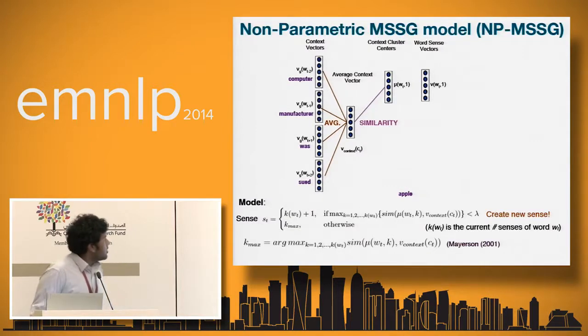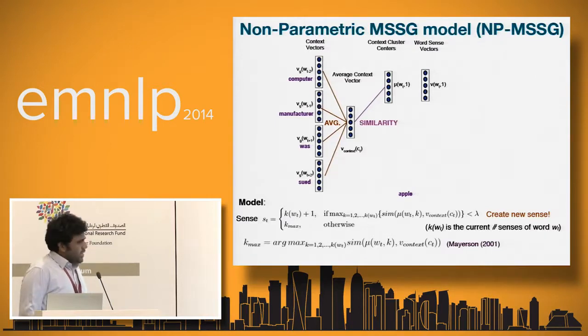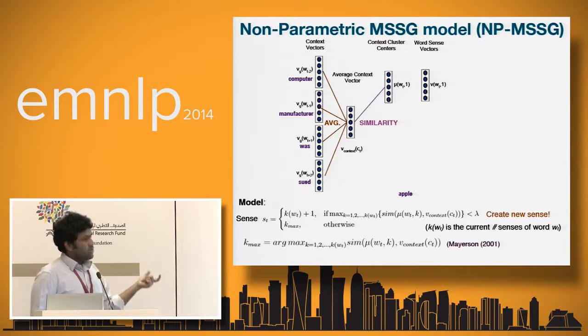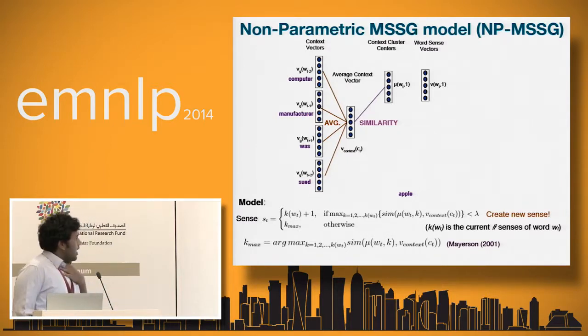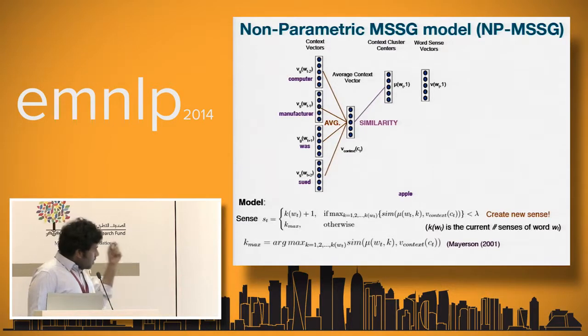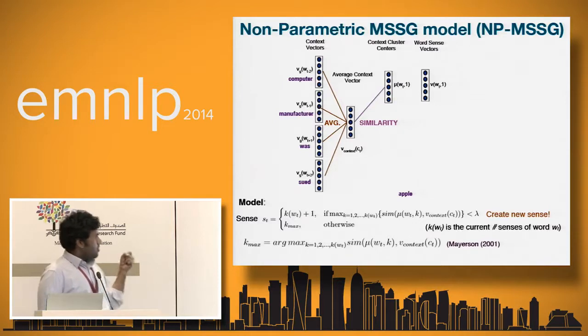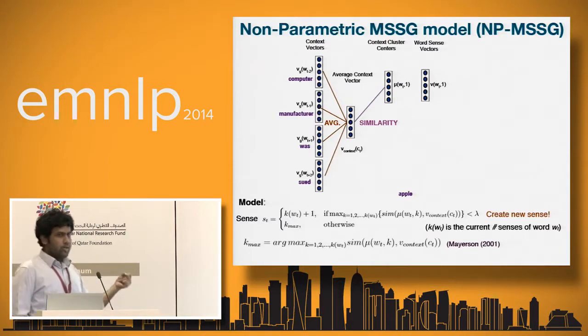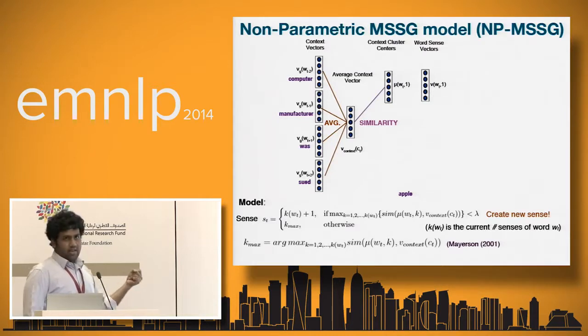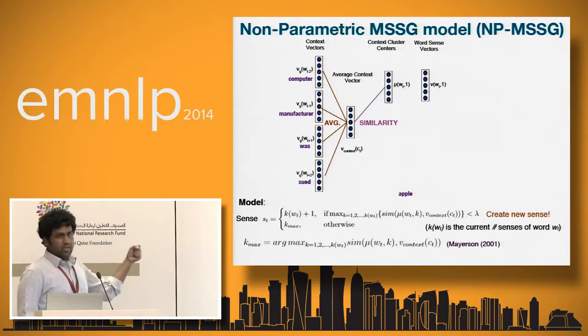So the next is the non-parametric MSSG model. The basic setup is again the same. You have a global vector for a word, and a sense is represented by a pair, a context cluster and a word sense vector. The difference is when we try to predict the sense of a word token, we first pick the cluster that has maximum similarity with the context. If the value is greater than lambda, we go ahead and use that sense.